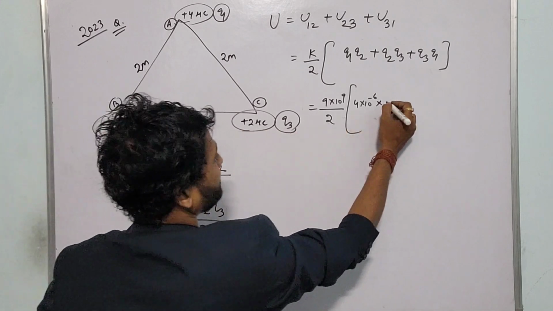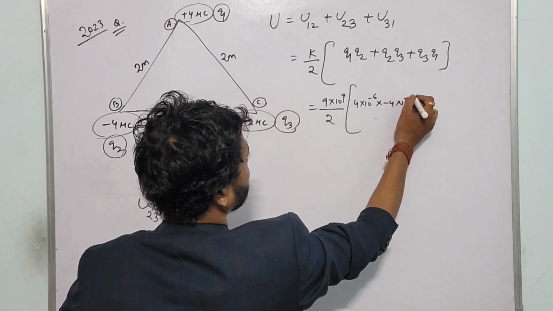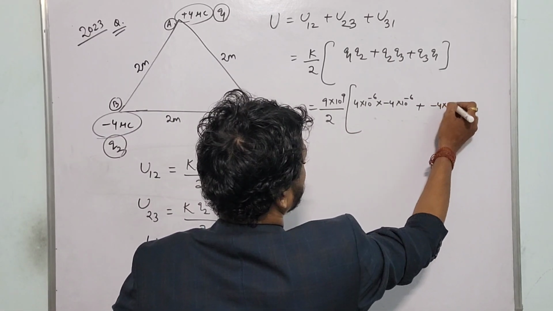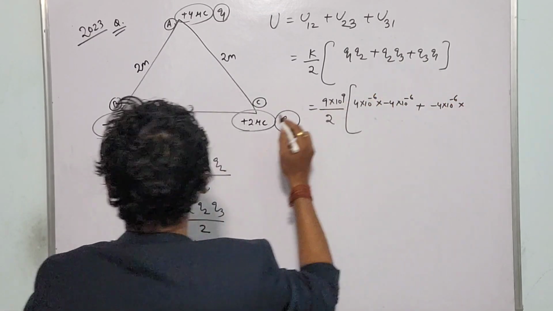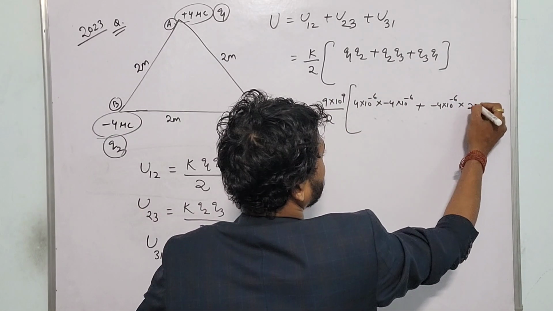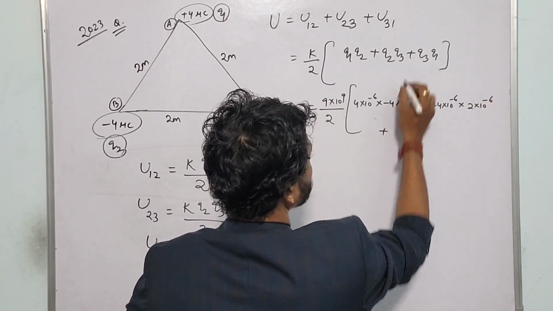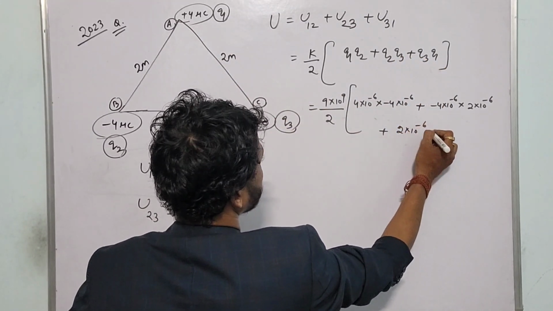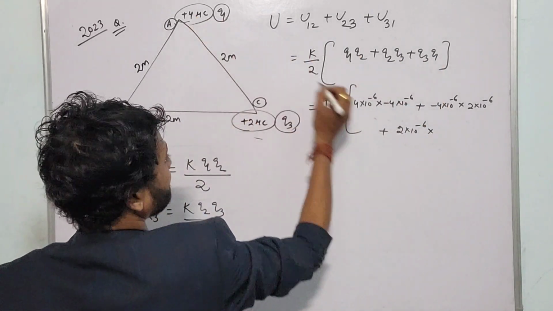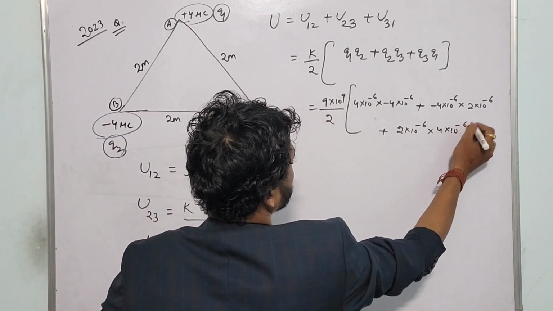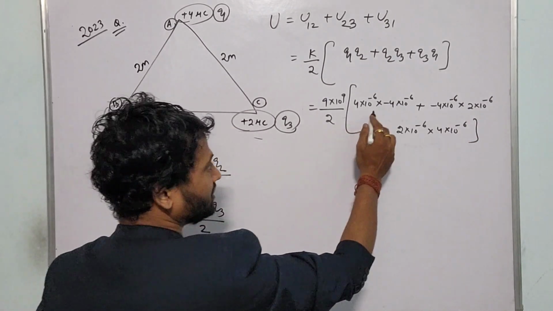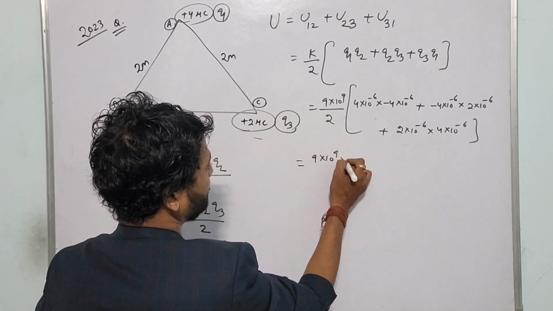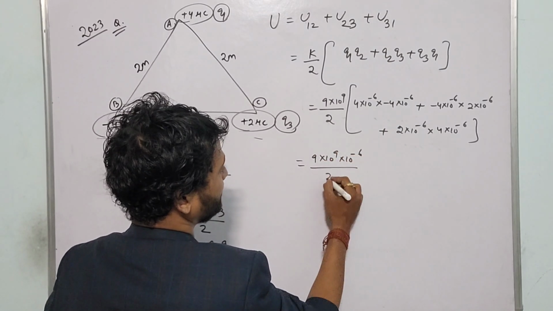Q2 कितना है, -4 into 10 to the power minus 6, plus Q2, -4 into 10 to the power minus 6, Q3 कितना है, 2 into 10 to the power minus 6, plus Q3, 2 into 10 to the power minus 6, into Q1, 4 into 10 to the power minus 6, right? So you can take 10 to the power minus 6 as common, then you can solve it. So 9 into 10 to the power 9 into 10 to the power minus 6, you take common.